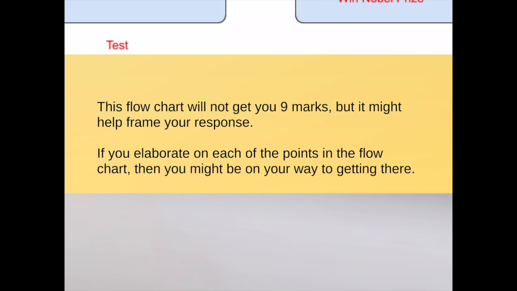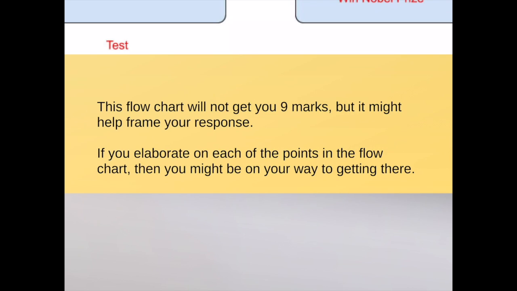The worst thing you can probably do in an exam is look at the question briefly and start writing without thinking about it. Frame your response. What are the points you need to make? If it's a 9-mark question or a 7-mark question, do I need to make 3 or 4 points? What does each of those points mean? Elaborate on the points.